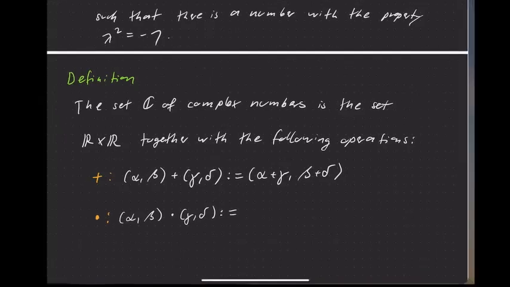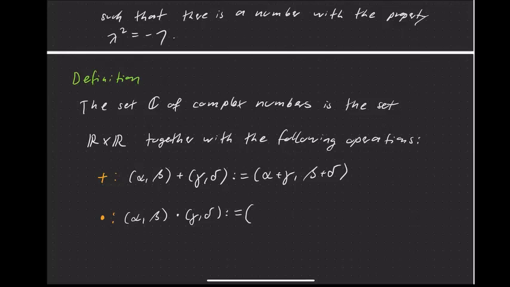And we do this in the following way. So the rule here is the product of these two is alpha gamma minus beta delta. And the second component is alpha delta plus beta gamma.